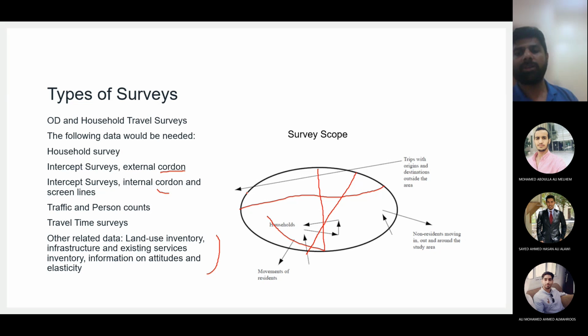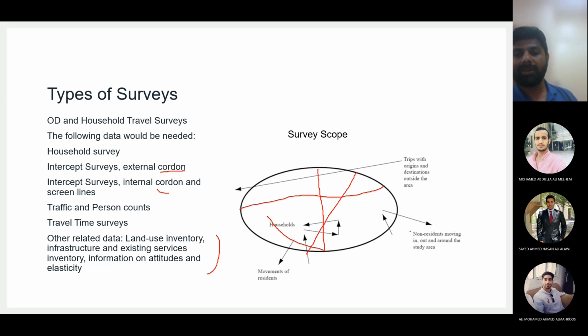So you need to consider them because they are still becoming part of the traffic of your area, right? So you need to consider these people. Then you need to consider people who are coming from outside, so their origin is outside but their destination is in the area, or vice versa. Their origin is the area and their destination is outside the area.